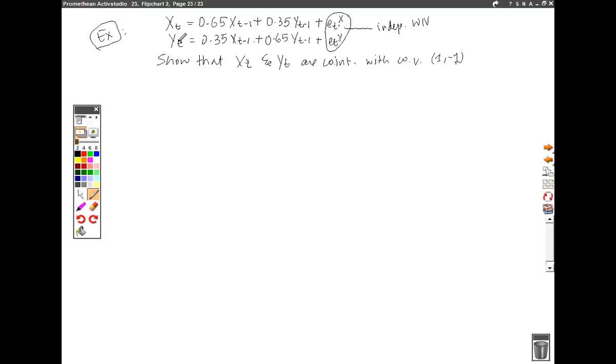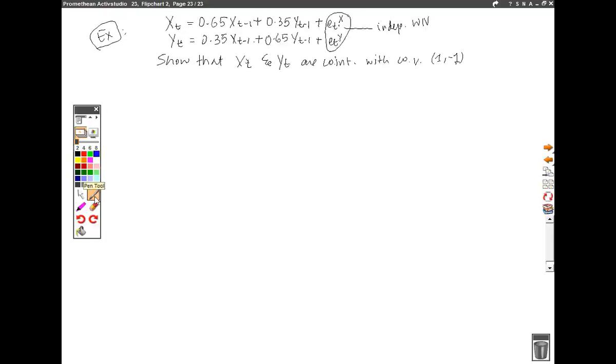But let us see, I think what we should do is start off with showing that these processes x and y are both integrated of order 1, because then only we can use the co-integration method, and it is one of the necessary conditions to be able to say that my x and y are co-integrated. So let us try to show that first.